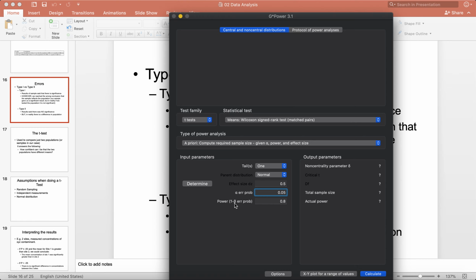So in most of the cases we say it's got to be a 20% chance that our significant value is wrong. Our statistical test is wrong, which 1 minus 0.2 or 1 minus 20% is 0.8. So we want a power of 0.8, 80%. So that's our typical. You can have your power higher. So if we put a higher value, that's going to give us a different value.